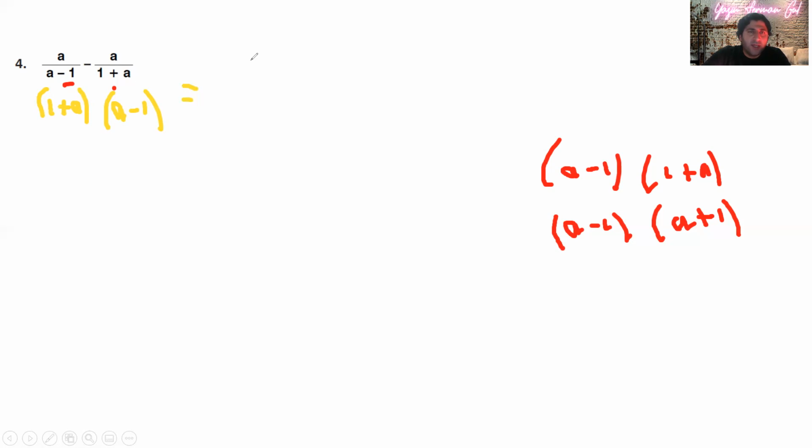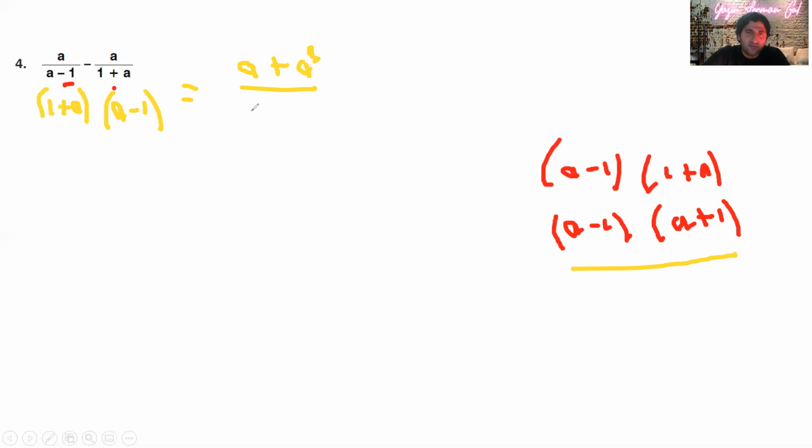a times 1 will be a, a times a will be a squared. So plus, I'm doing the top part, right? Then here at the bottom, guys, you see here, a plus 1 times a minus 1. We said it's a difference of 2 squares, right?